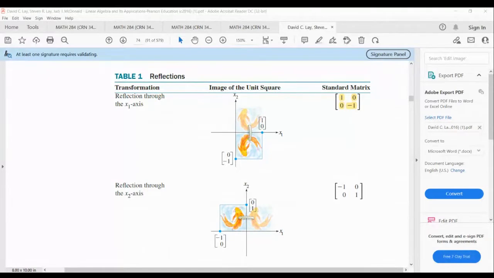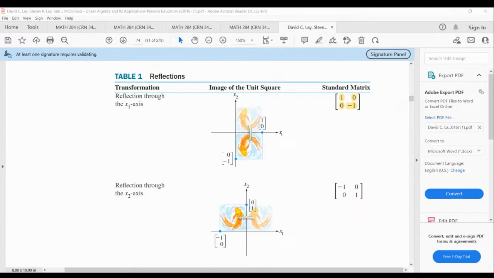So what's going on? How are they getting that? Well, if you reflect points about the x1 axis, notice that the coordinate 1, 0 is already on the x1 axis. So the coordinate 1, 0 under the transformation maps to itself, right? So 1, 0 goes to 1, 0.